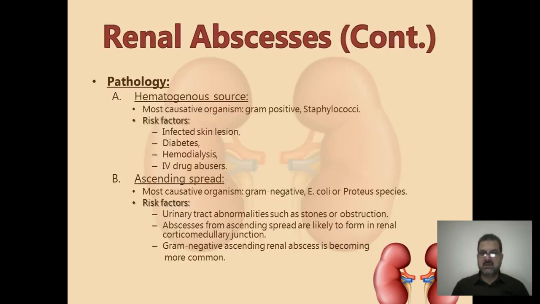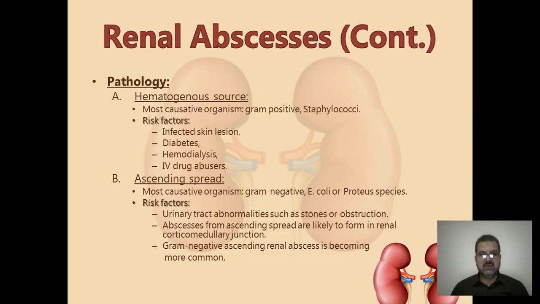Pathogens come in by two ways: hematogenous and ascending. The hematogenous source is gram-positive, like staphylococci, and this kind of infection usually occurs in immunocompromised patients, diabetic patients, patients with renal failure and hemodialysis, and drug abusers.